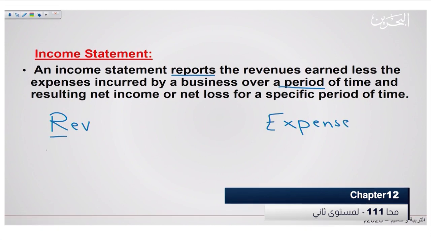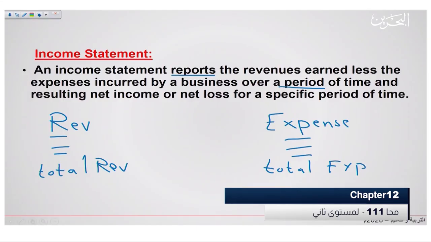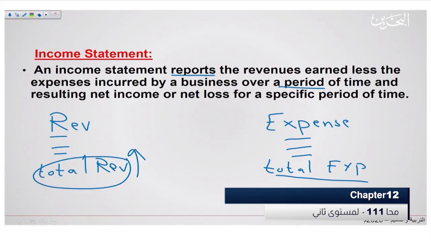Then we are going to list them and calculate the total revenue and the total expense. Then we are going to compare: if the revenue is higher than the expense, then the company makes profit, which is net income.